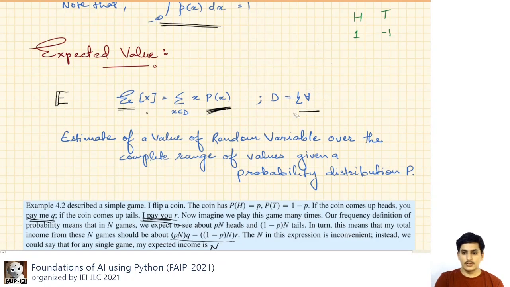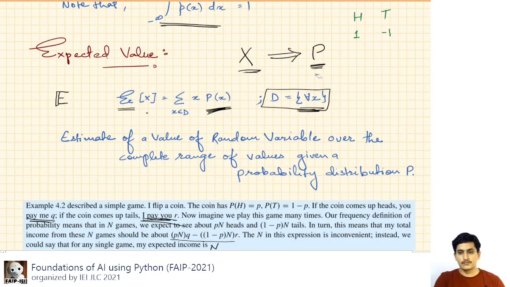Get some space. So we are flipping a coin, and for each flip, we are adding either 1 for heads to our sum and -1 to our sum for tails. And since it is an unbiased coin, the probability of heads will be 1 by 2, and the probability of tails will also be 1 by 2.